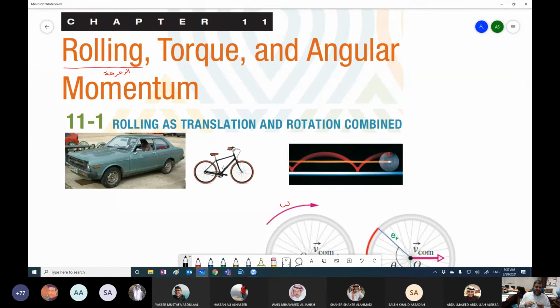طيب في هذا الشابتر الجديد هيكون في روتيشن مع ترانزليشن، الاثنين مع بعض. يعني زي هذا الاوبجكت لو دحرجته هيمشي بهذا المنظر. So it is rotating and at the same time it is translating. الكومباينيشن هذا بنسميه rolling، بالعربي بنسميه الدحرجة. يتدحرج، انه rotation at the same time it is translation. طبعا الابليكيشن of this is، يعني in our daily life we face it a lot.